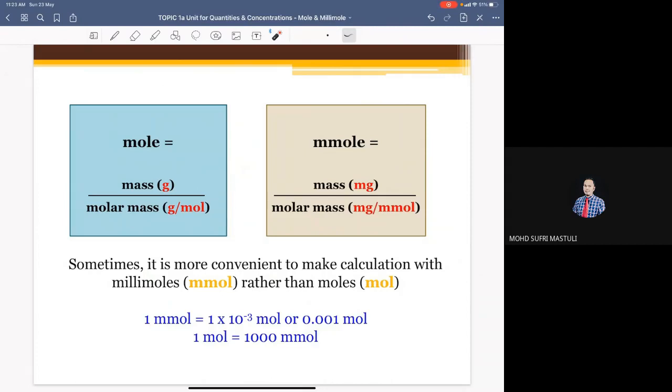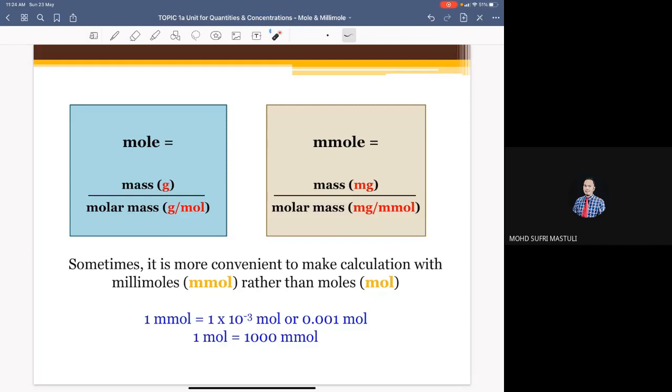Make sure the units are correct, gram per gram per mole. For millimole, it is milligram per millimole. Sometimes it is more convenient to make calculations with millimole rather than mole.